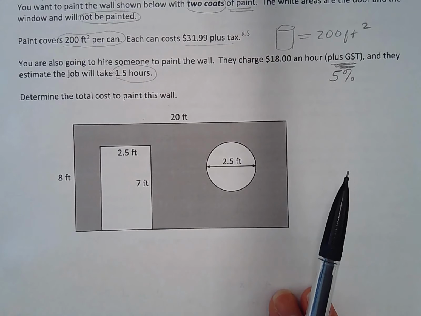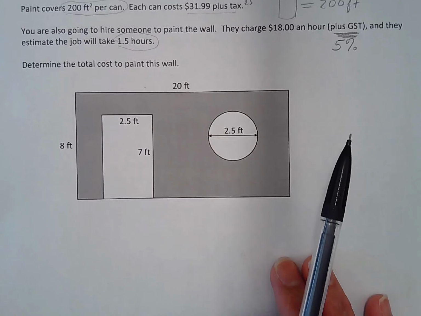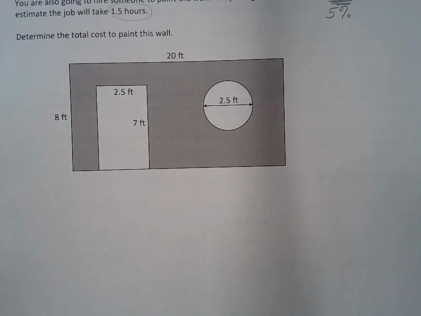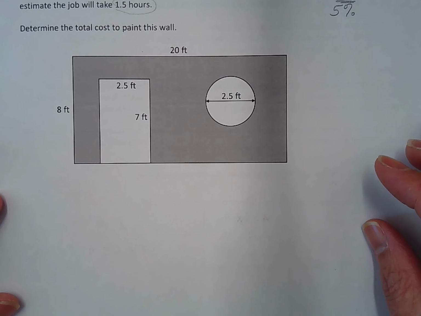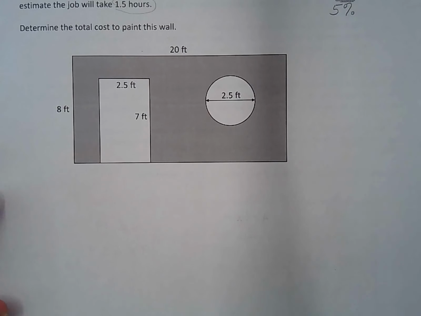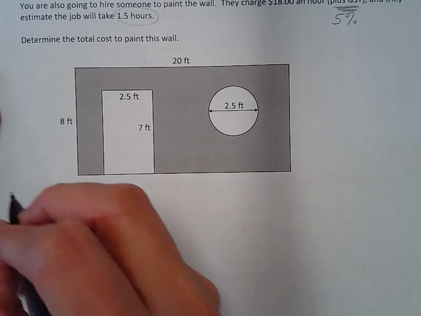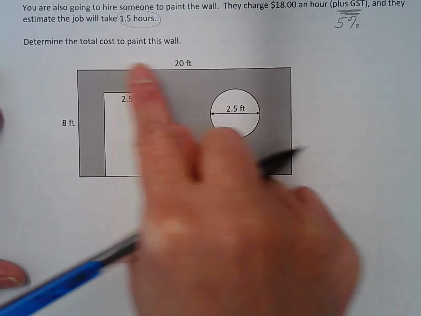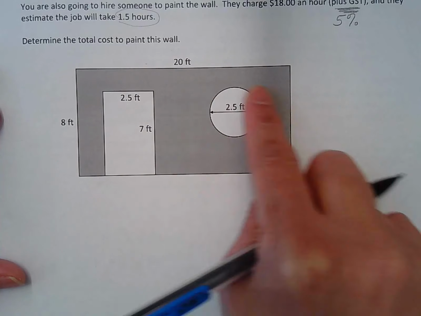So how can we get started with this? Any idea? We're going to find the area. Good. Remember, we're only going to paint the gray area. So how can we find the gray area only?